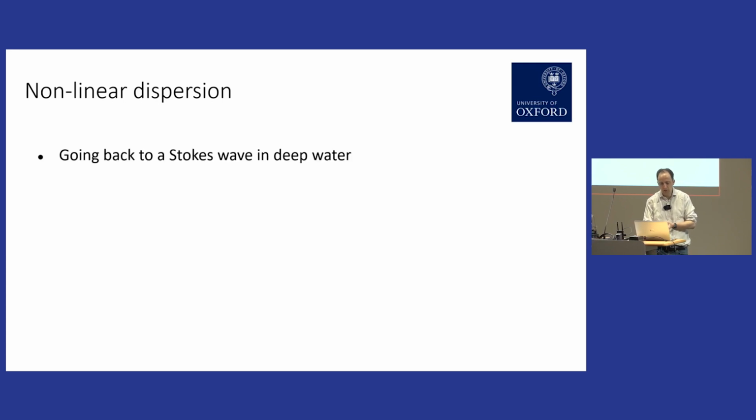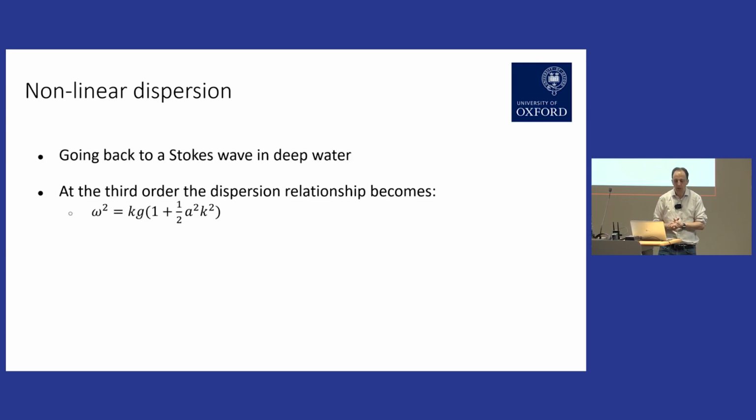So if we go back to our Stokes wave, and if we look again at the maths, then, well, we very fortunately don't get any terms with ak in them. So in a second order analysis, that doesn't change how our underlying wave is moving. However, at the third order, we do get a slightly different term.